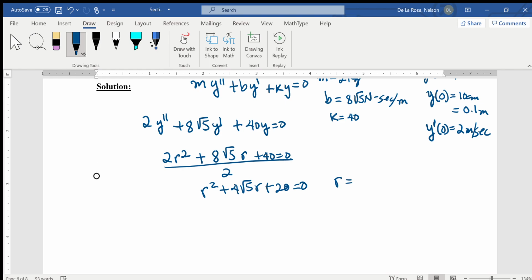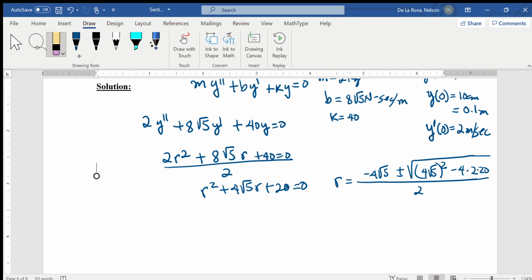And then using the quadratic formula, we have r equals negative 4 square root of 5 plus or minus the square root of 4 square root of 5 squared minus 4 times 1 times 20, divided by 2 times 1, because we have simplified the equation, so the number in front of r squared is 1.